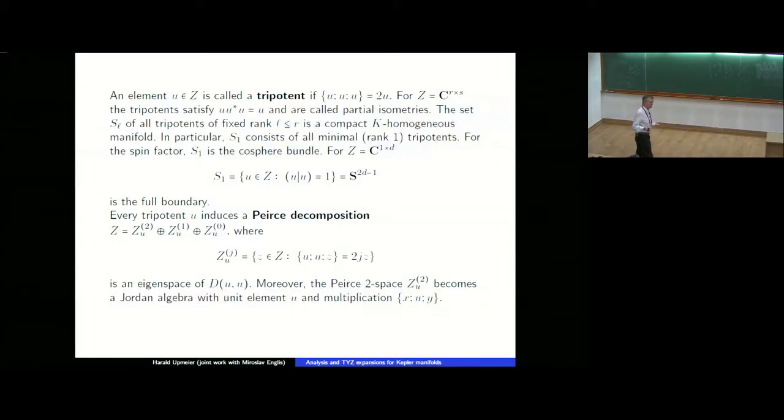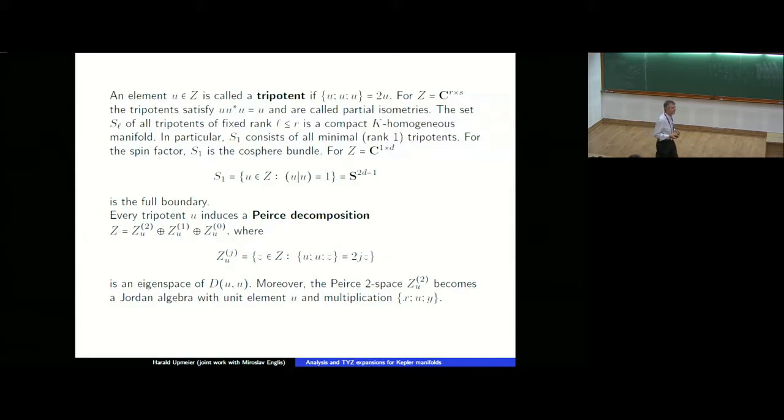Now, a tripotent is like a triple projection, so it has three eigenspaces, namely the DUU endomorphism that we looked at before has three eigenvalues, 0, 1, and 2. And that gives you the Pierce decomposition. I will draw a picture soon. And the Pierce 2 space actually is more than a triple system. It becomes a Jordan algebra, namely it acquires a unit element, namely the U itself, the tripotent.